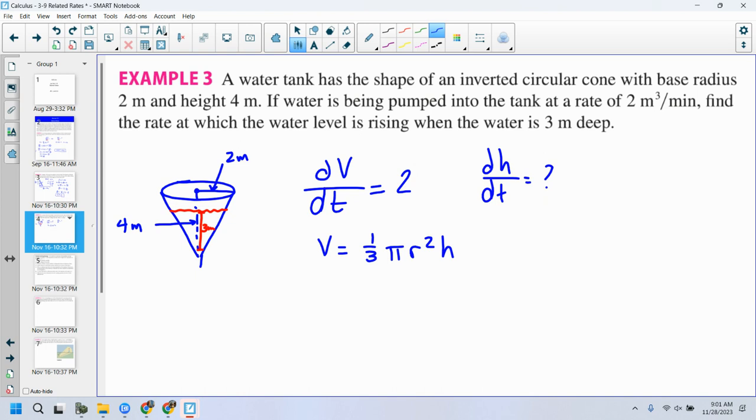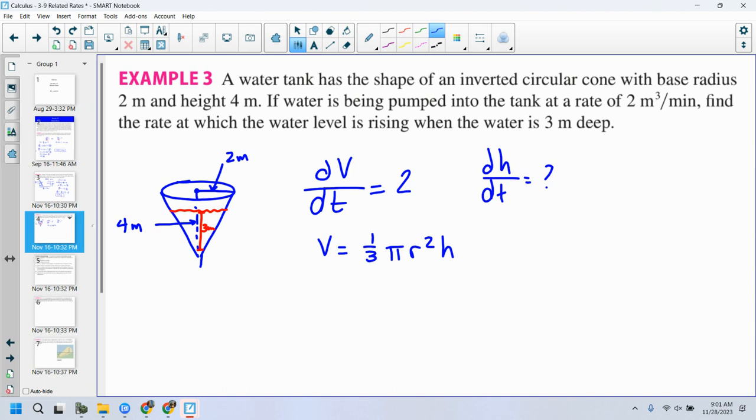Now, again, this is a little weird here. I want to somehow tie in my radius with my height. Because while my radius at the top is remaining constant, think about the radius of the red.